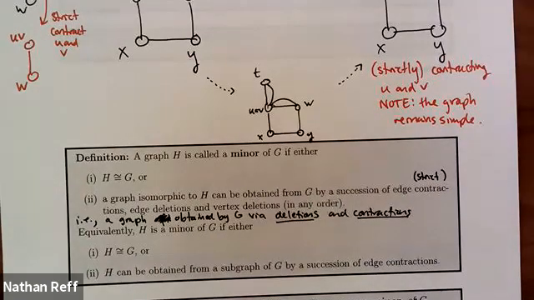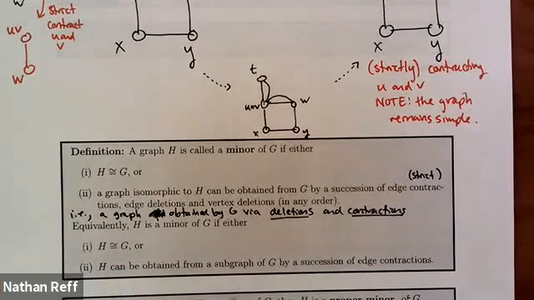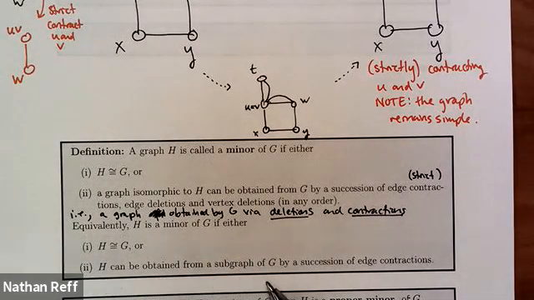Either one, doesn't matter. You can more generally define this, and you can just do it by successive edge contractions, because equivalently, a minor is either isomorphic or it can be obtained from a subgraph of G. If you're talking about a subgraph of G, you're already deleting vertices and edges, right?